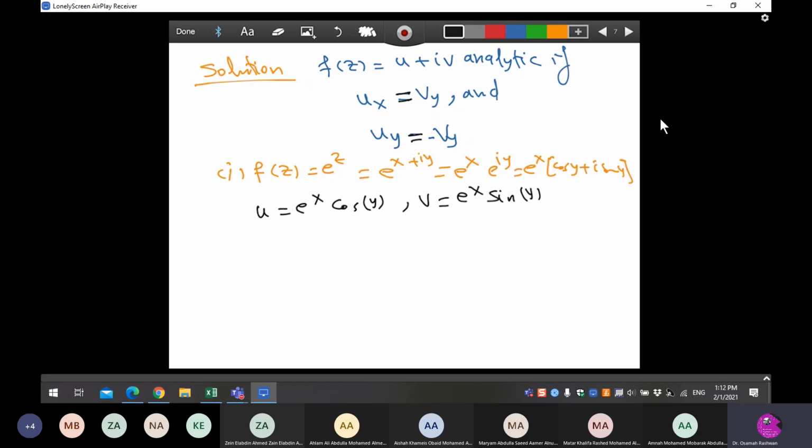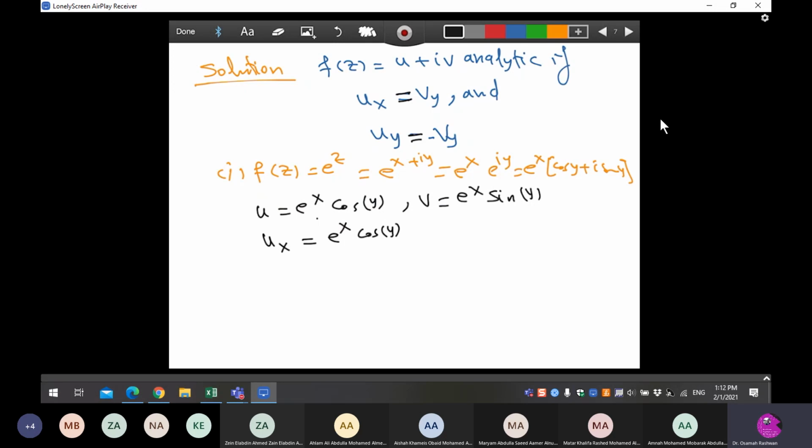Now let's go for the first equation. I need ux. When you differentiate partially for x, you keep the y as a constant, right? So I only differentiate e to the x, which is e to the x, and keep this one. This is not a multiplication rule here because I'm differentiating partially with respect to x.